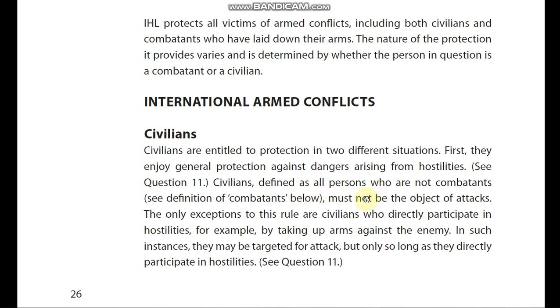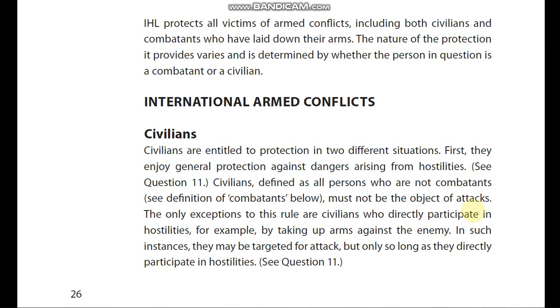These civilians must not be the object of attacks. The only exception is when they take up arms against the enemy; in this case they lose their protection under IHL, and they can be a legitimate target.